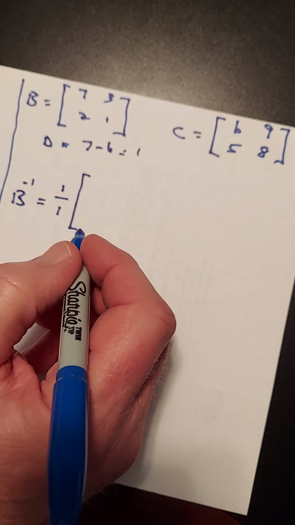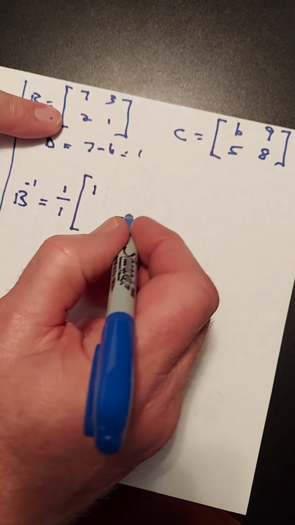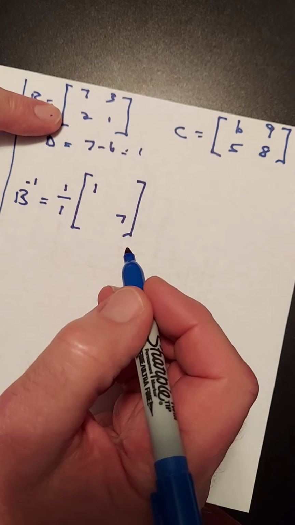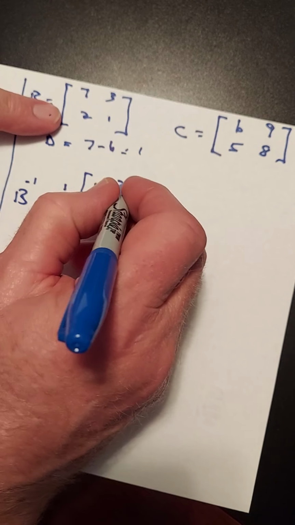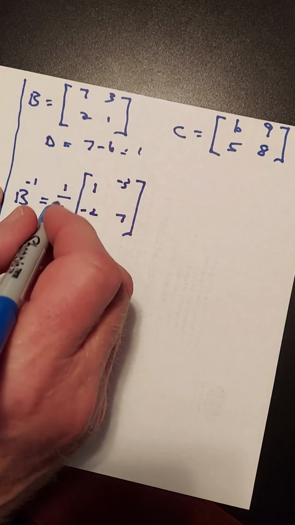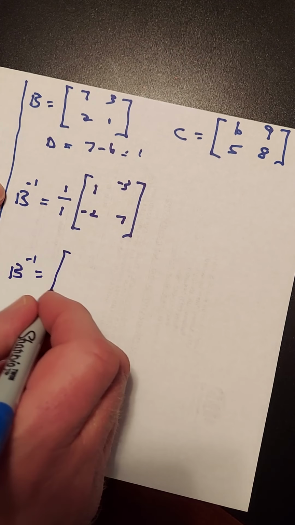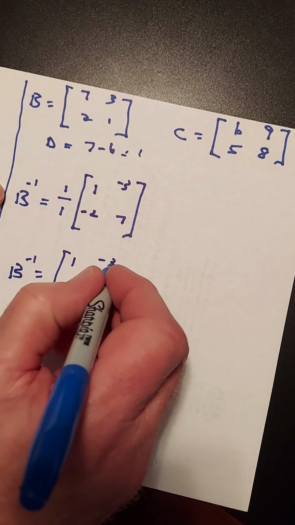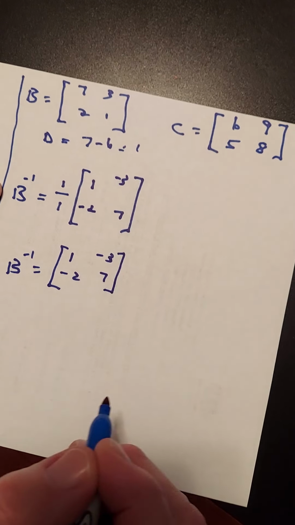And then inside, you're going to switch the 7 and the 1. So 1 here, 7 there. And you take the opposite of the other two. So negative 2, negative 3. 1 over 1 is 1. So the inverse is simply going to be equal to 1, negative 3, negative 2, 7.